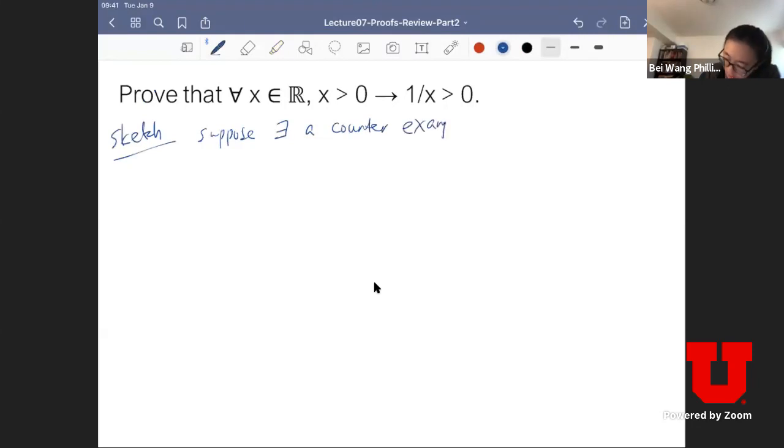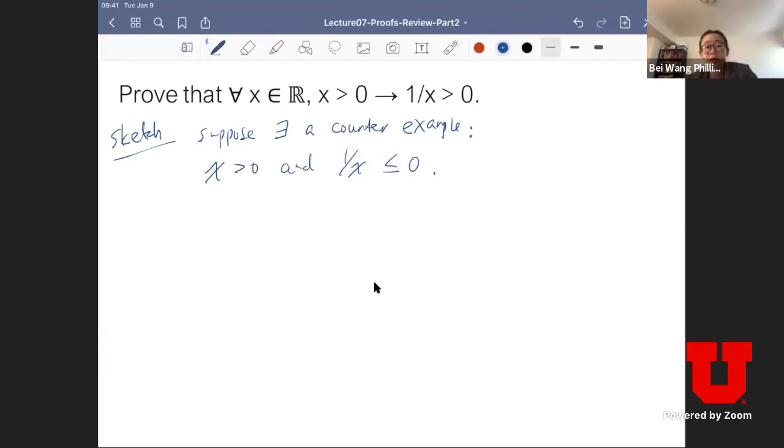What is this counterexample? It is a real number x that is bigger than 0, such that 1 over x is smaller than or equal to 0. And you want to show that this counterexample does not exist.